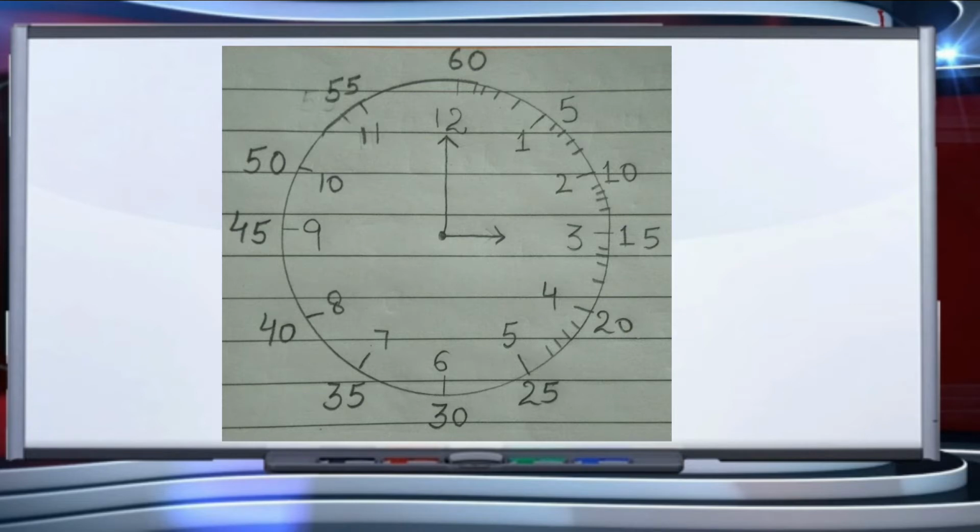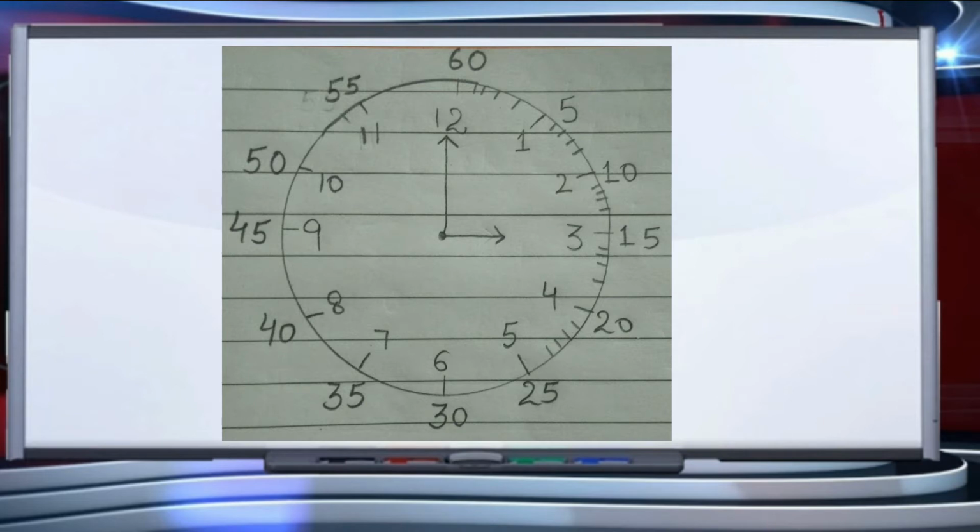That means the 1 represents 5 and 2 represents 10, 3 represents 15, 4 represents 20, because in all we are having 5 small divisions. That means the clock is a multiple of 5 and we are having numbers up to 60. Means on 12 we are having 60 minutes.